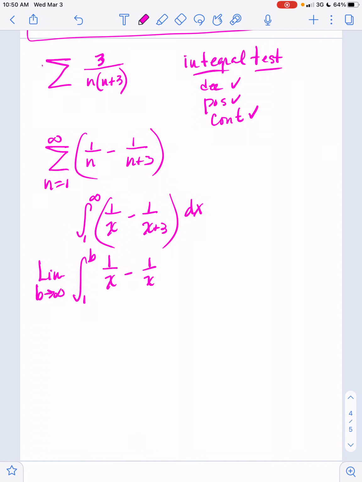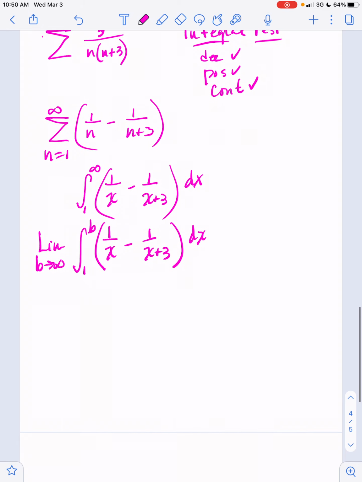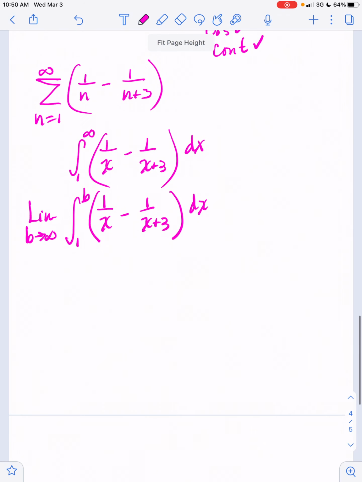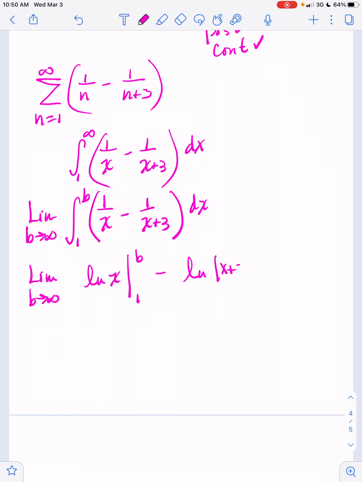I'm showing this work. Yes, it's an extra step, but if you're not showing it, then you're not actually applying the properties correctly. So I'm going to the antiderivative. So I have ln of x between 1 and b minus ln of, I mean, I don't have to do this separately, but x plus 3 between 1 and b.